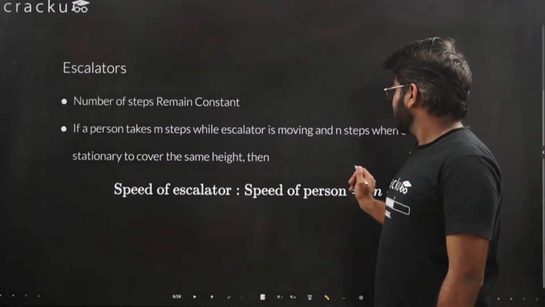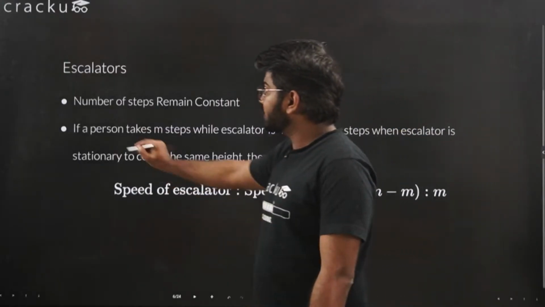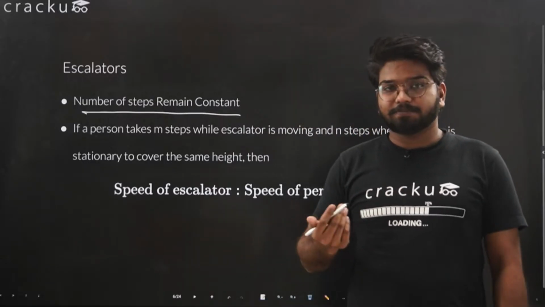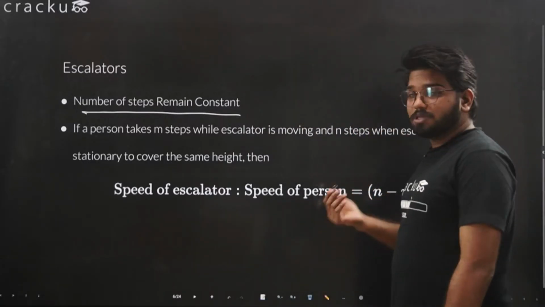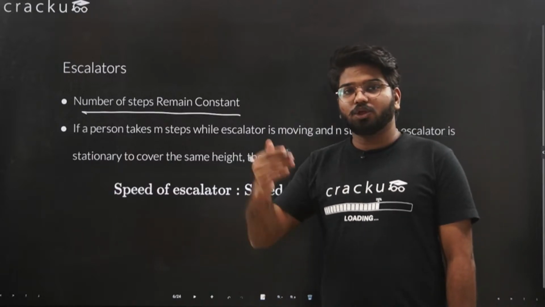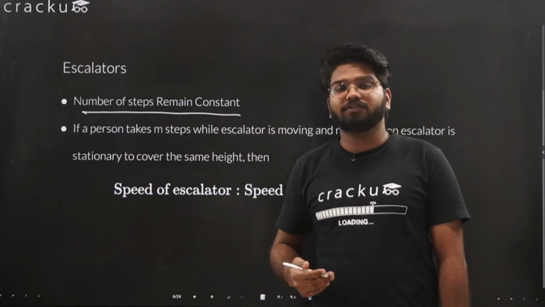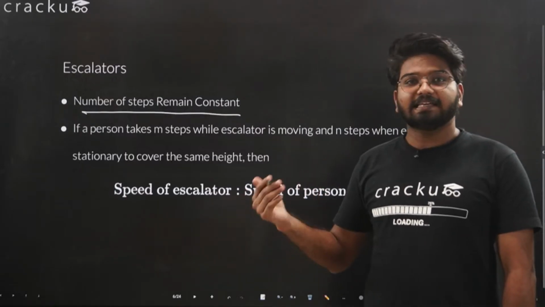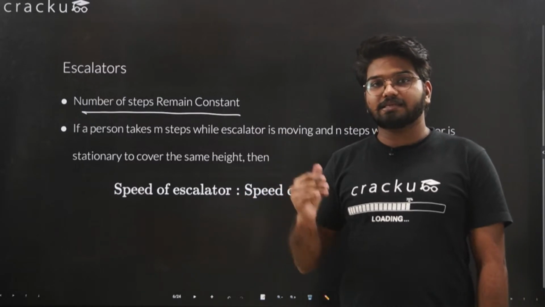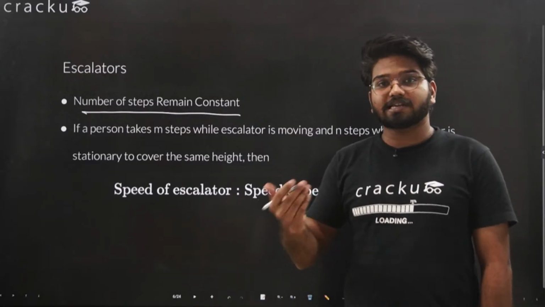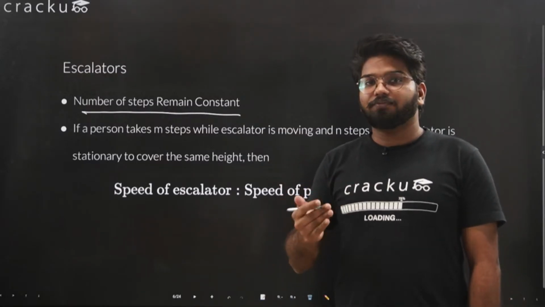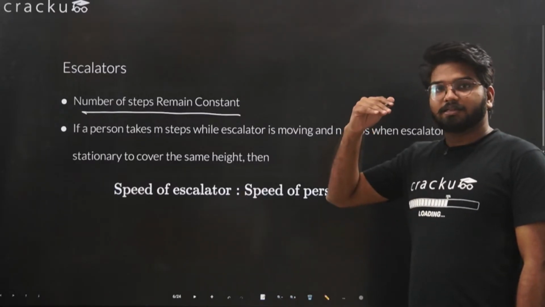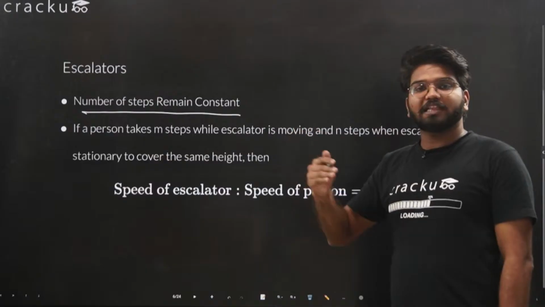Now, one important concept here is that you need to understand the number of steps remains constant. What do I mean by that? When you see an escalator, there is not a specific length which is decided. It is not calculated in meters or any other unit. Basically, an escalator is calculated based on steps, and those steps are fixed because the difference between the ground floor and the first floor is fixed.